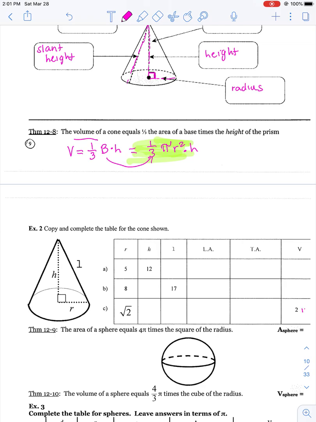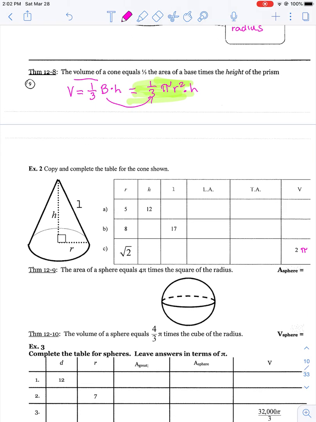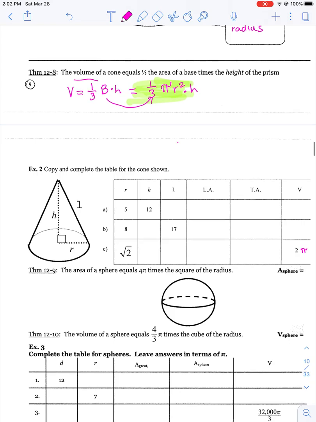The volume is supposed to be 2 pi, so let's stick a pi there. Now, in this problem they're giving us the radius and the volume. If I write down the volume formula from the previous page, volume is one third pi r squared times h. In this case, we know the volume is 2 pi, and we're given that the radius is radical 2.